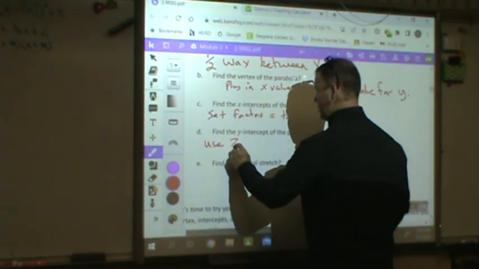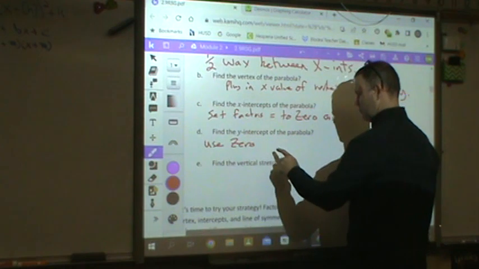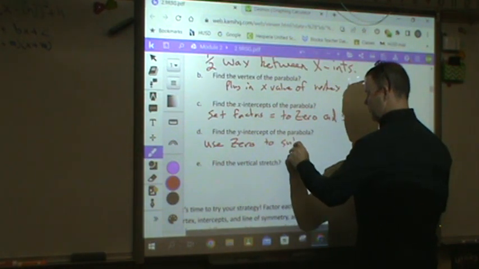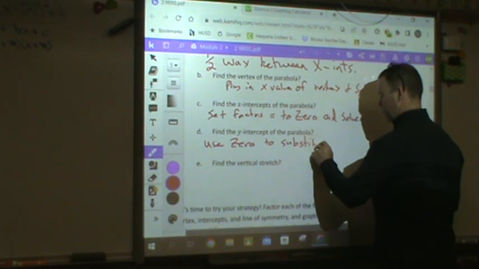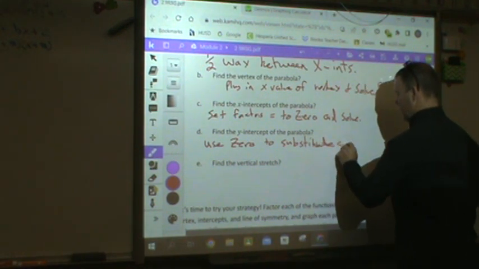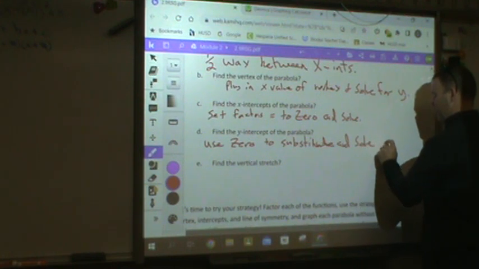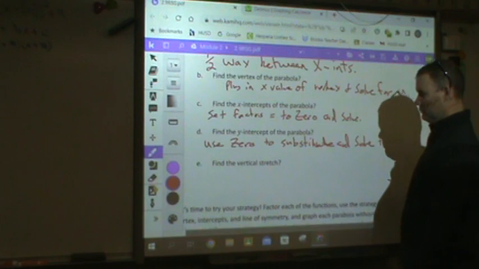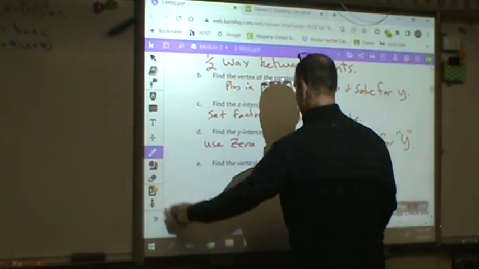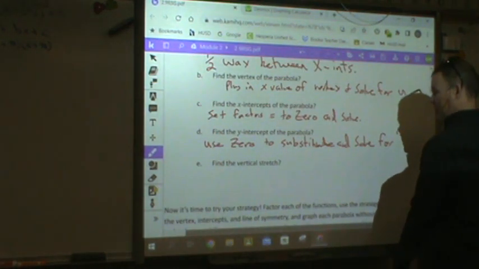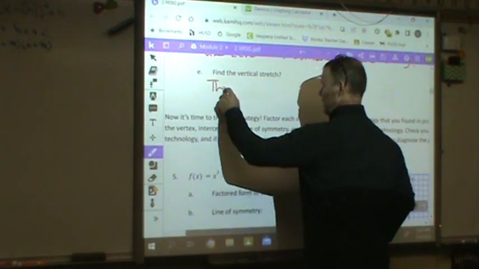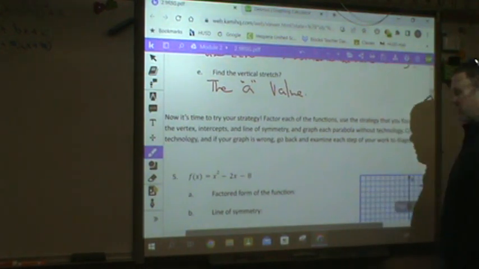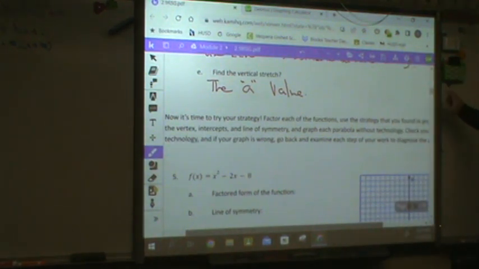We use 0 to substitute and solve for y. How do we find the vertical stretch? What designates stretch or shrink? The A value. That designates stretch or shrink. So we have to keep that in mind when that's happening, right?